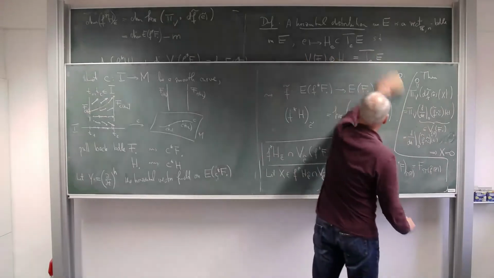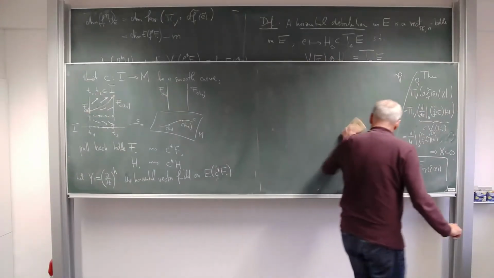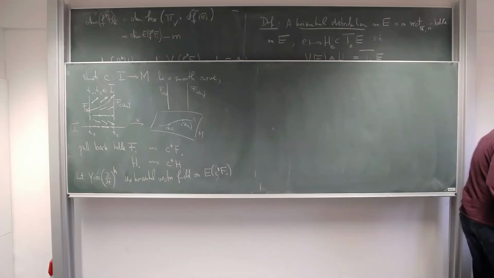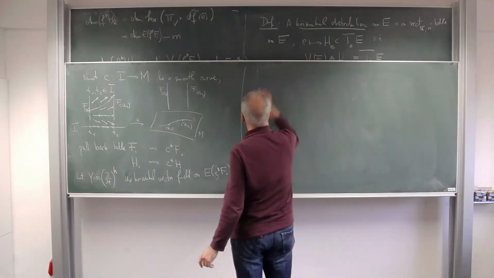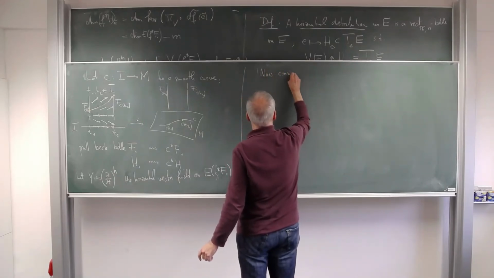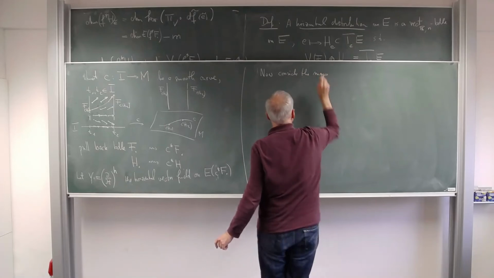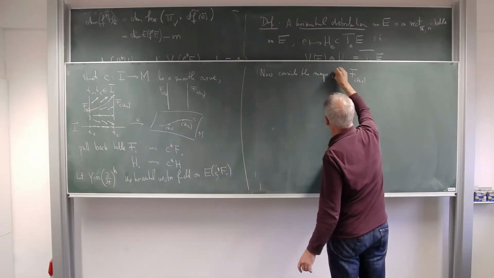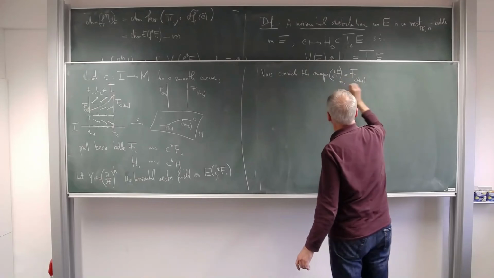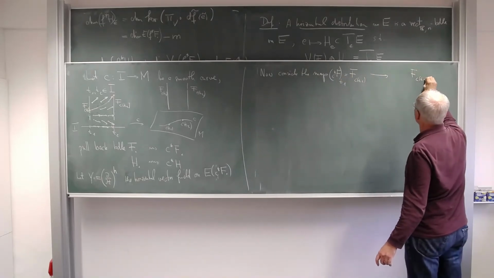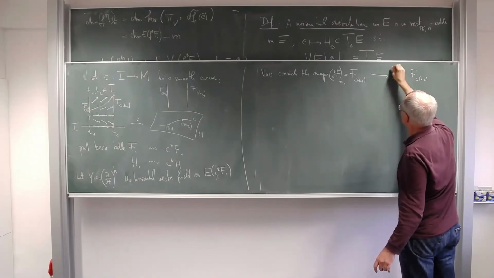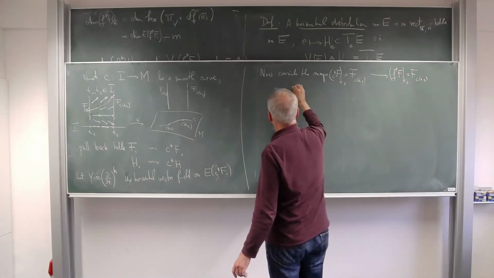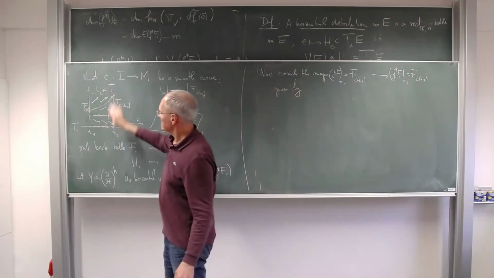So this gives me a map. Okay. Now consider the map from f of c t1, which is the same thing as the pullback bundle fiber at t1, to f of c t2, which is the same thing as the pullback bundle fiber at t2, given by the flow of this vector field.